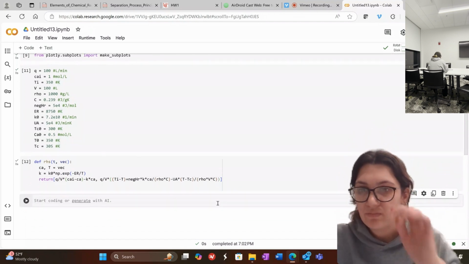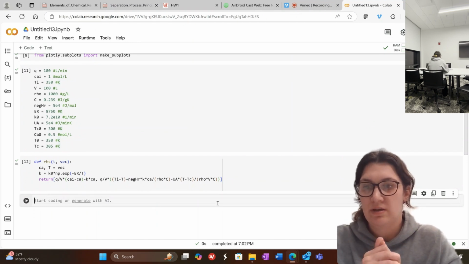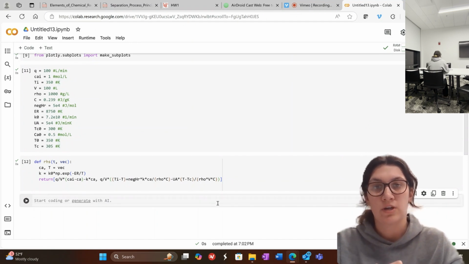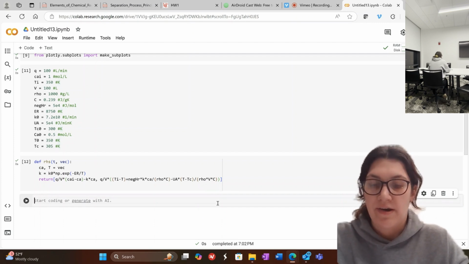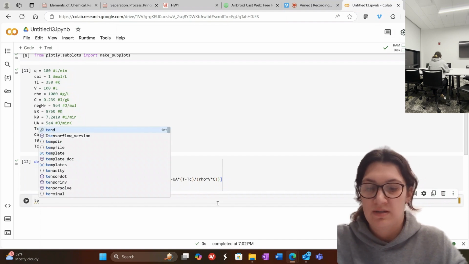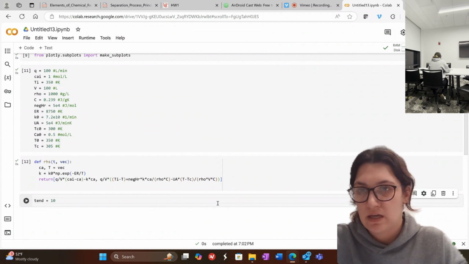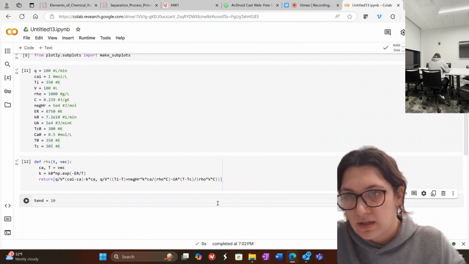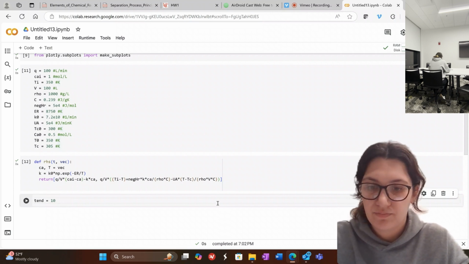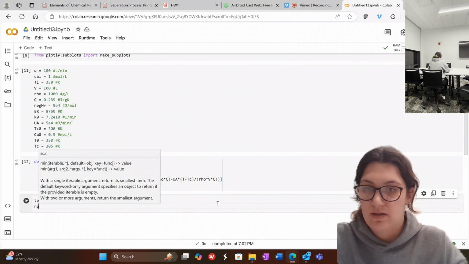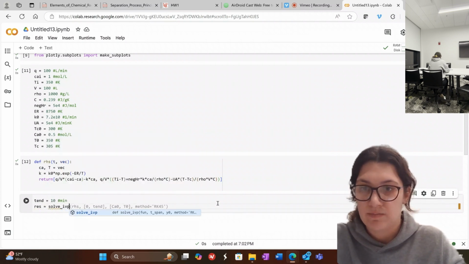Perfect. Now that we have that, we need to use our solve_ivp function to get some results. But to do that, we need to establish an end time. We're going to go to 10, in this case, I think it's minutes. Yes. Minutes. And then res is equal to solve_ivp.